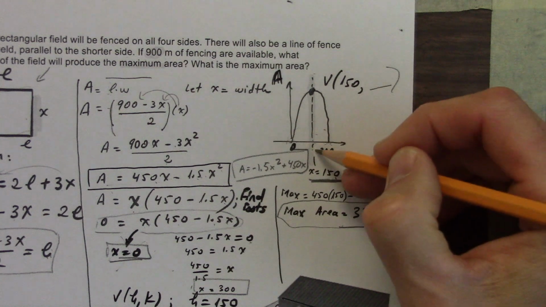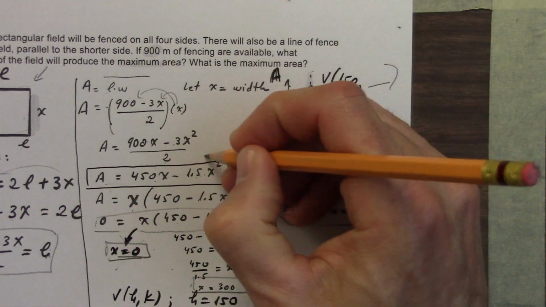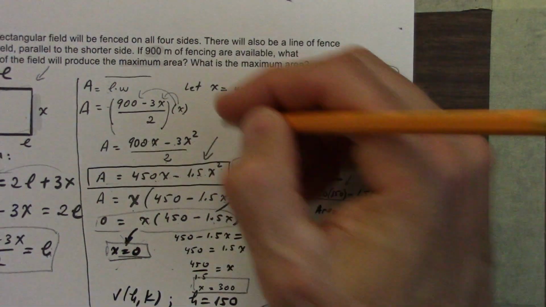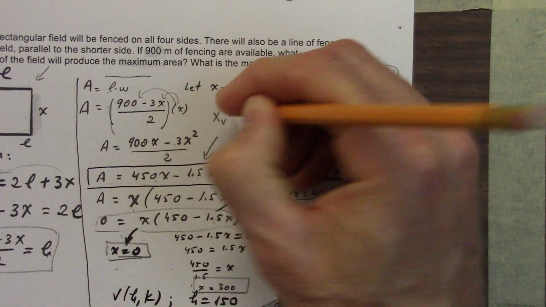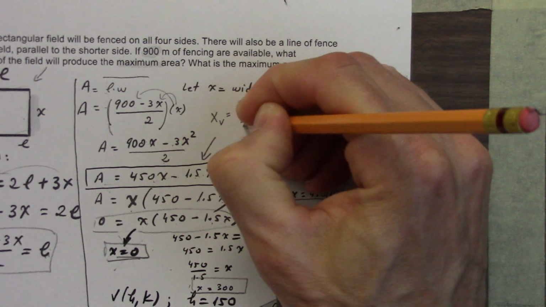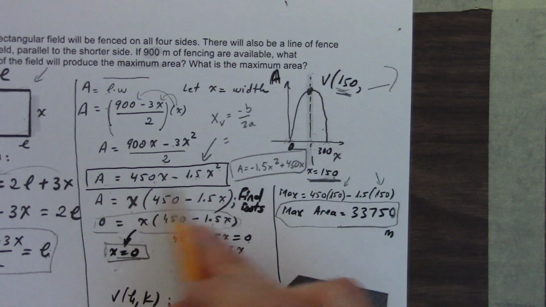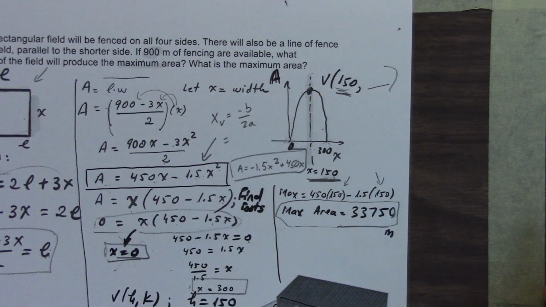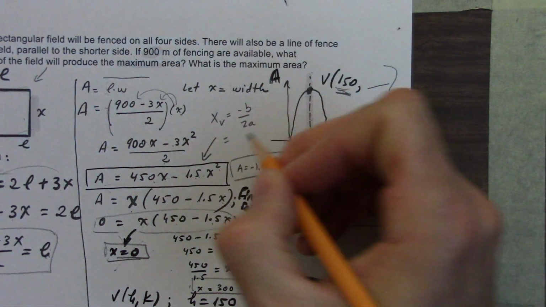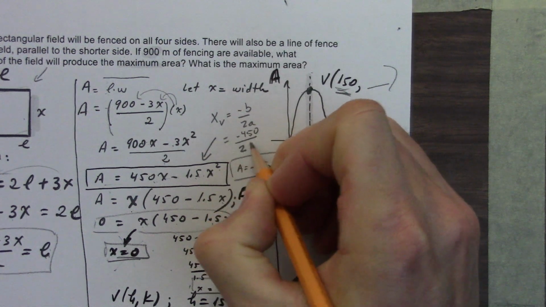We could have also gotten this x value without getting the zeros. What could we have done from here? Anybody know? Andrew knows this. The x value of the vertex is minus b divided by 2a. So if we would have done that right from here, what's b in this case? Yeah, b is 450, even though it's out of order here, so it's negative 450 over 2 times a.